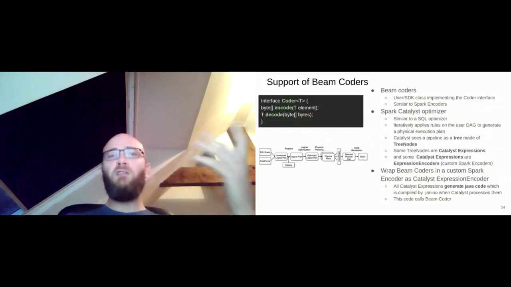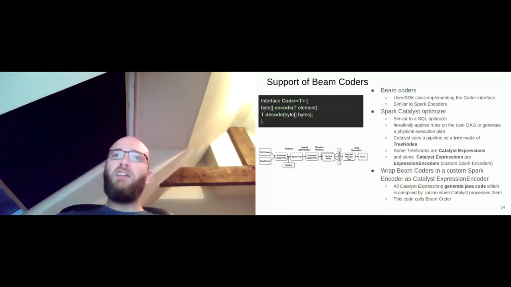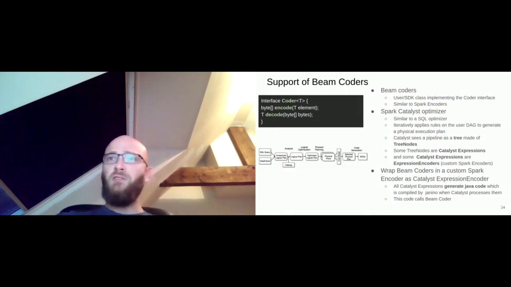Catalyst sees the input pipeline as a tree made of tree nodes. There is a special kind of tree nodes called Catalyst expressions, and a special type of Catalyst expressions that are expression encoders. Those expression encoders are actually custom Spark encoders.